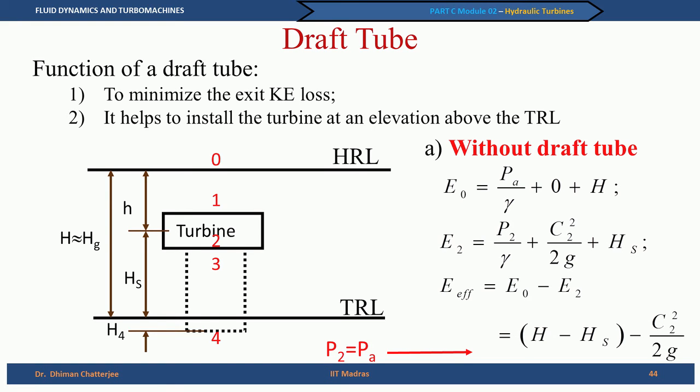Can we not recover some portion of it? So, now you see that if the draft tube can effectively address its stated functions, then essentially it is reducing this H minus Hs, the second function, and reducing the exit kinetic energy loss C2 square by 2g. So, we will address these two issues one after another.